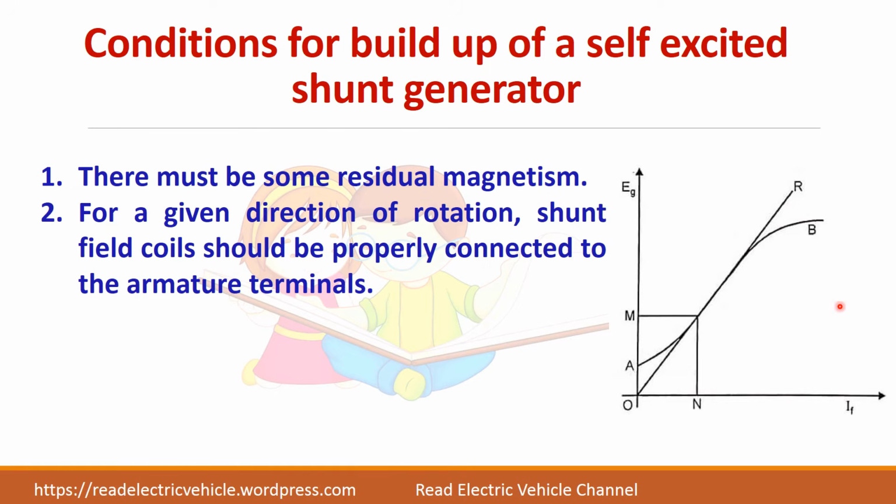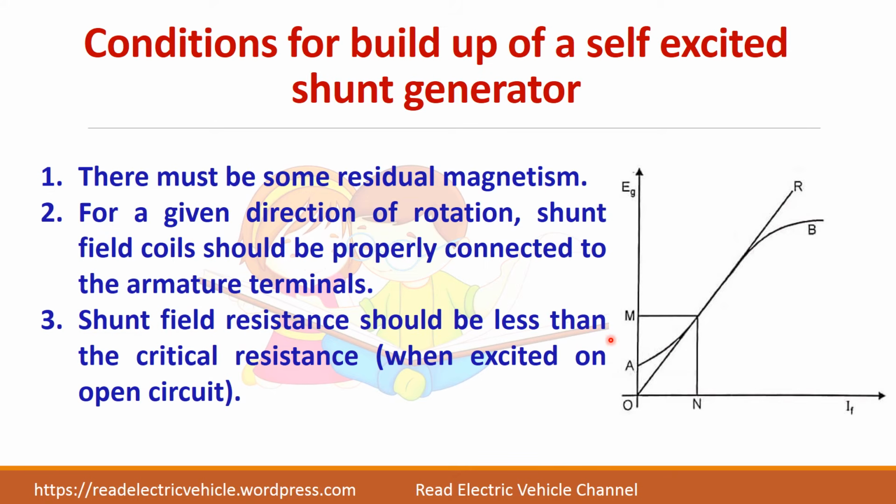And the field coil should be properly connected. It means that if you connect the field coils in the opposite direction, this residual magnetism may get cancelled and become zero. So, the field coil should be connected properly. Then the field resistance should be less than the critical resistance. If the field resistance is more, the machine cannot excite.